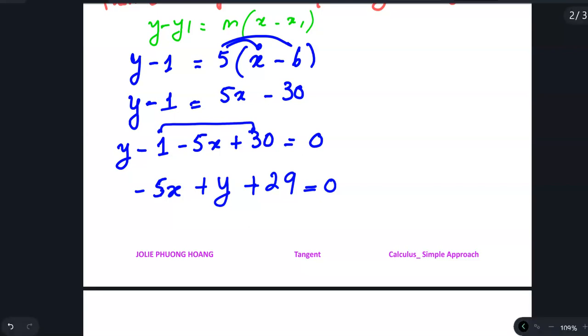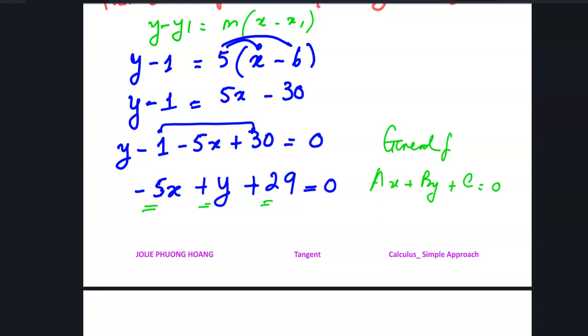At this point, you can see that I have converted it into the form where I have ax plus by plus c equal to 0, which is the general form. And a, b, c are integers.